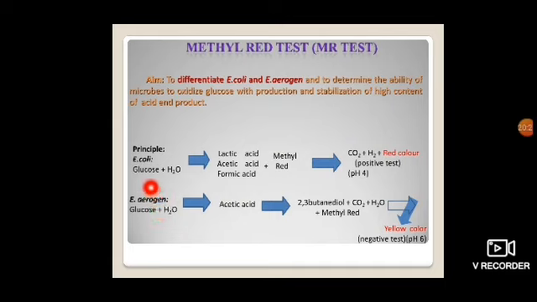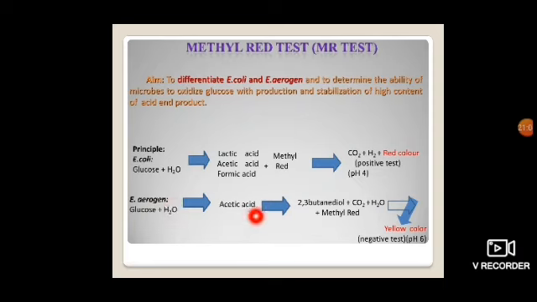Here we always use glucose plus water, and after adding that we add different types of acid, that is lactic acid, acetic acid and formic acid, plus methyl red. Then it will form CO2 and hydrogen. A positive test means the presence of red coloration. The microorganisms differ: the first one is E. coli, and the second is Enterobacter aerogenes.